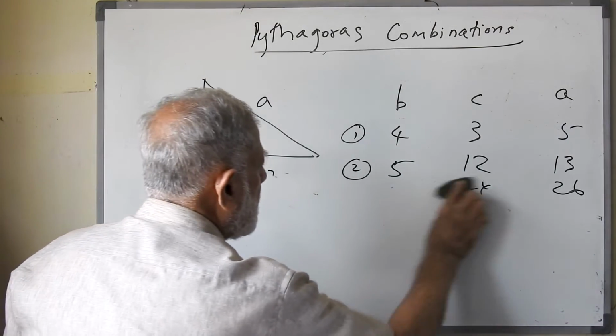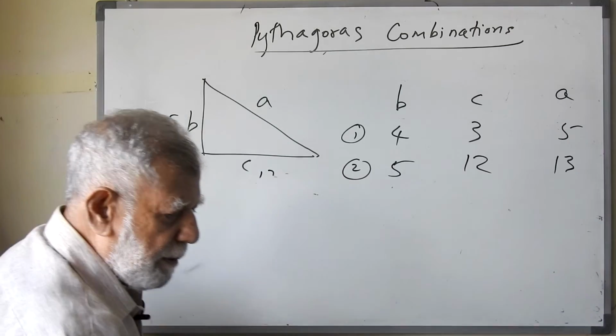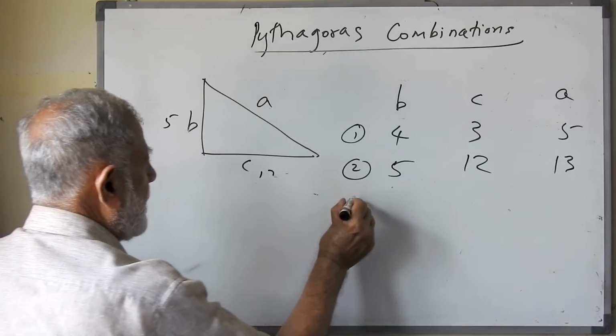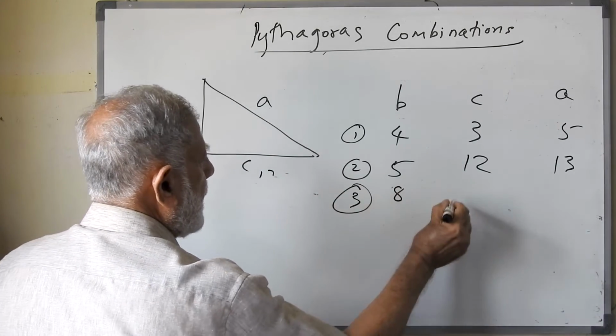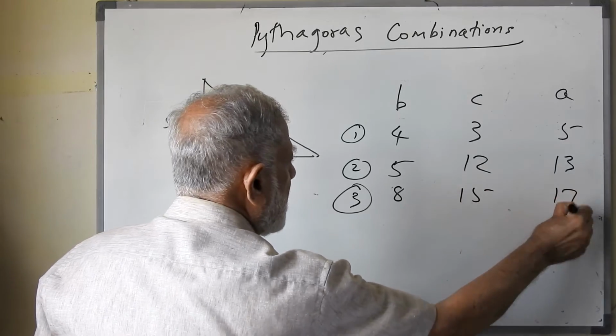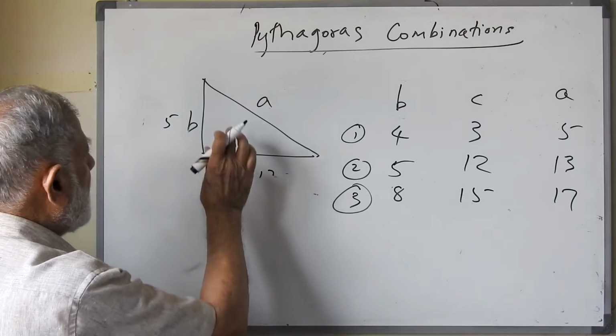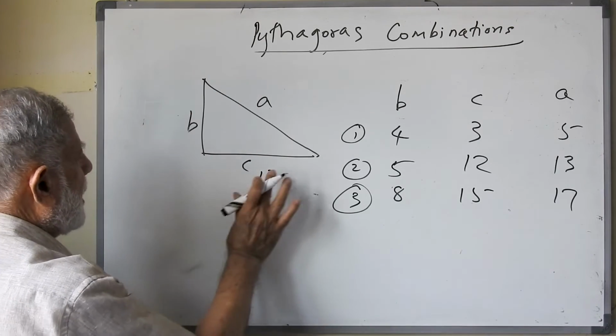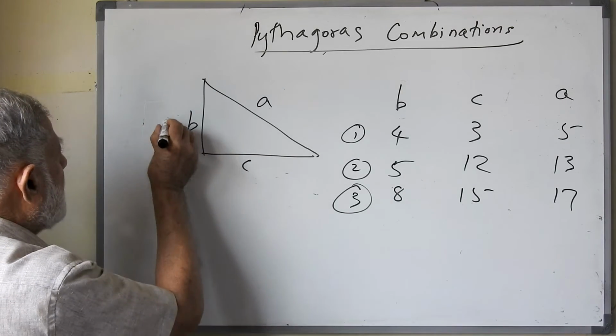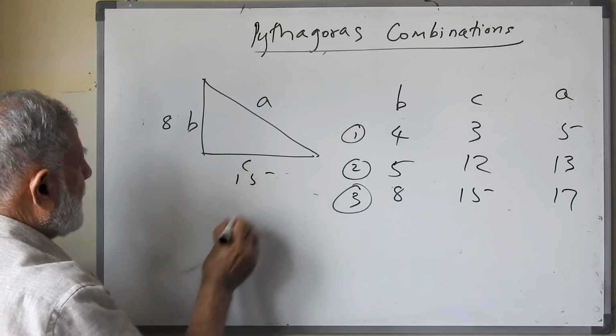We have taken 2 triples. Now another Pythagoras triple will be 8, 15, 17. So in this right angle triangle, we put B as 8 and C as 15.